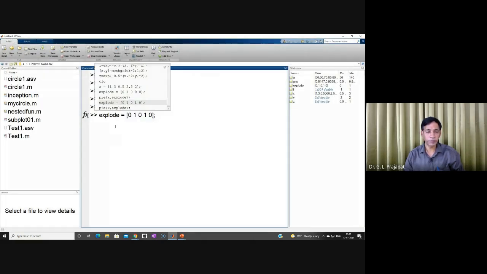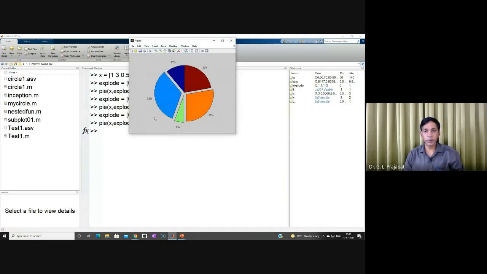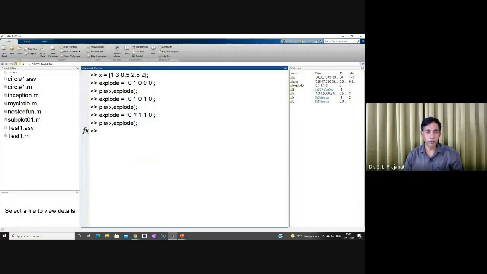You can have any number of slices if you want to highlight, but it will not look good. So you have three slices you can explode, like this, one, two, three.